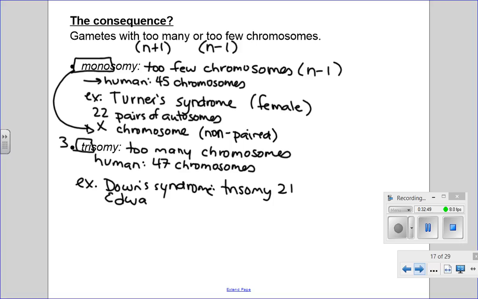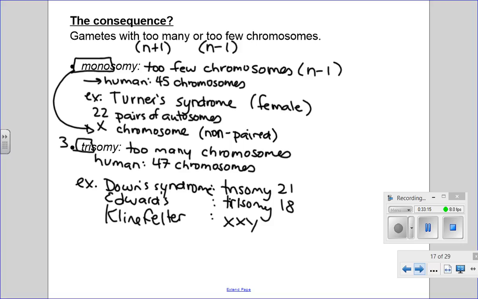There are other syndromes. Edwards syndrome is one. It is trisomy 18. There's one called Klinefelter. That is someone who has 2 X's and a Y. These 3 were all examples on the karyotype sets that you had.